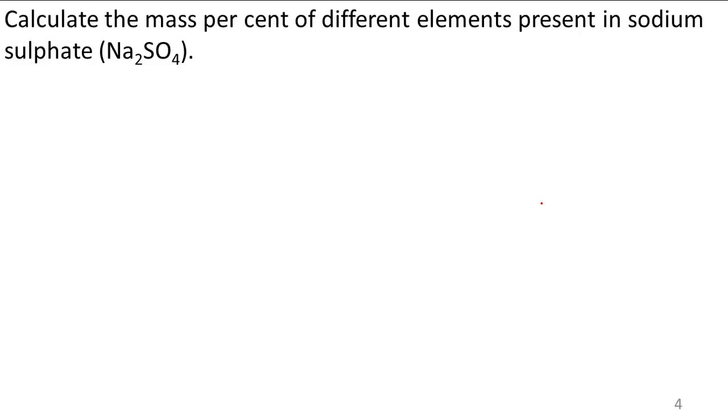Now let us do one more example. Calculate the mass percentage of different elements present in sodium sulfate. So I will quickly write here the molar mass. First thing we require is molar mass of sodium sulfate.